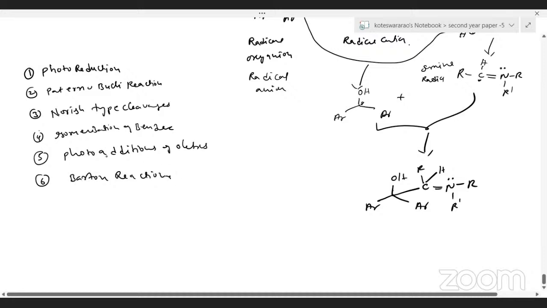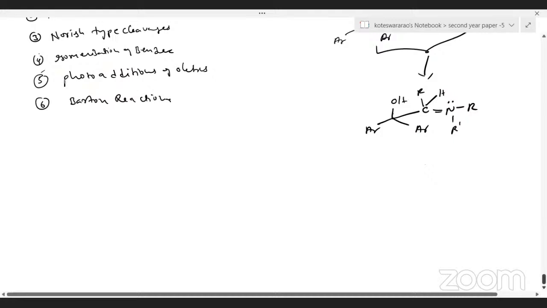These are the most important, commonly observed questions. These are six. Sometimes some other questions are also observed, but that depends on the paper setter. But you need to remember these six. Yes, these six are very important for exam purposes.